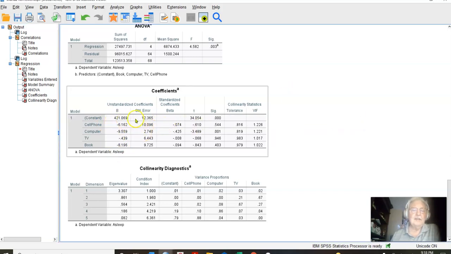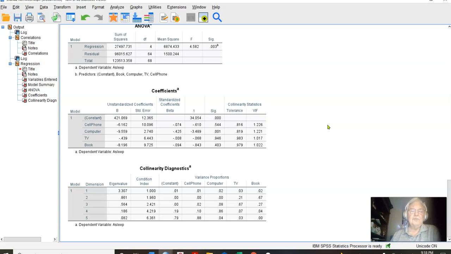So we have our y equals a plus bx: 421 plus minus 6.162 times the cell phone minutes, plus minus 9.559 for the computer, and minus 0.439 for the TV, and minus 8.196.